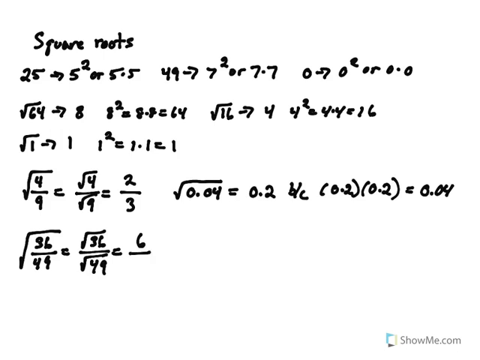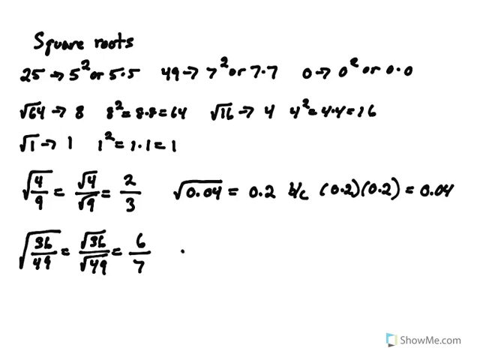Square root of 49 is 7. So you can do this not only with whole numbers, but with decimals. Decimals can be perfect squares, and so are fractions. So don't always look at this as just whole numbers. Look at the whole spectrum of real numbers, and it does work for that.